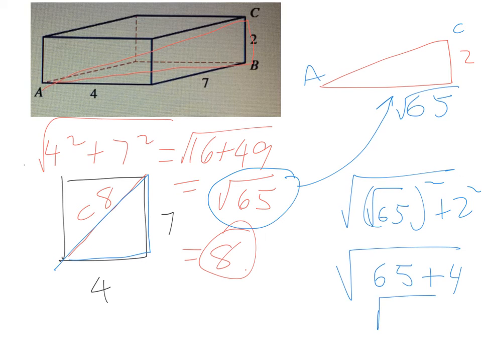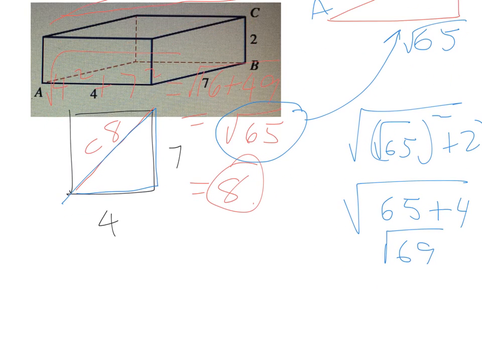So we're looking for the square root of 69. And once again, it's going to be a bit more than 8, and we're at 8.3. So we have 8.3 as that there.